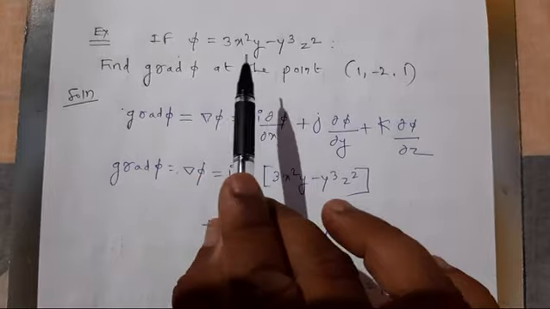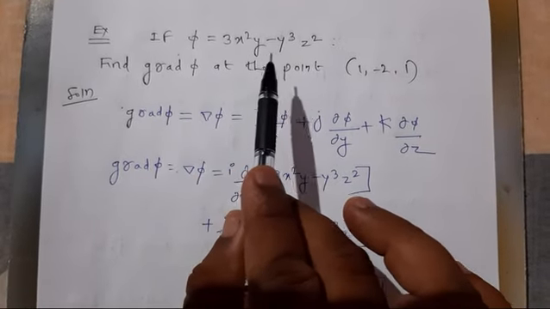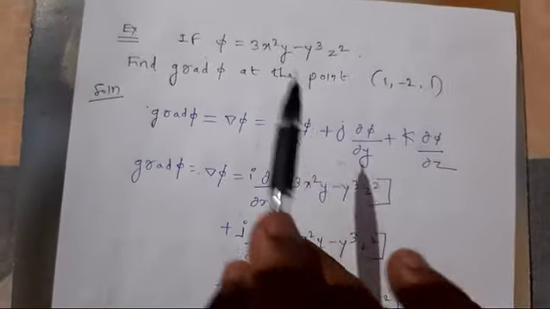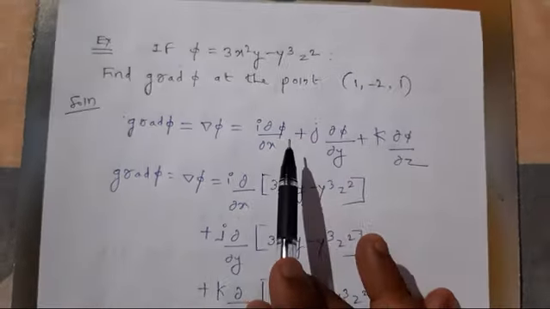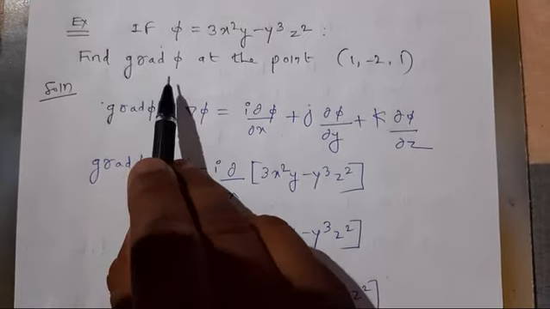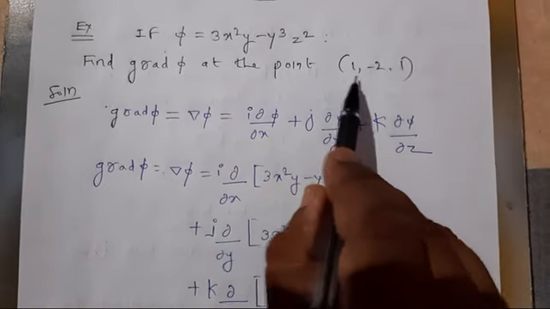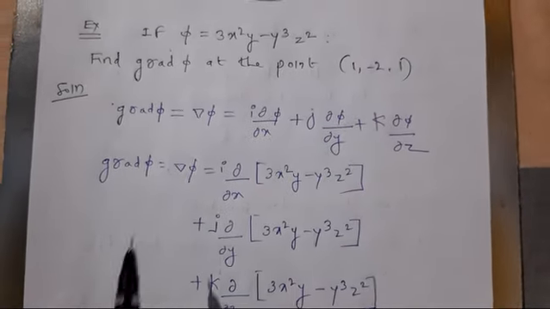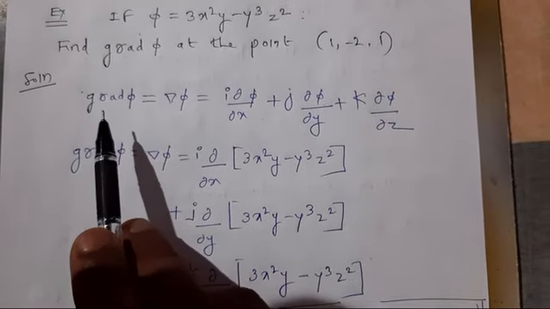If the function phi is equal to 3x square y minus y cube z square, then we have to find gradient of phi at the point (1, -2, 1). First I will write the definition.